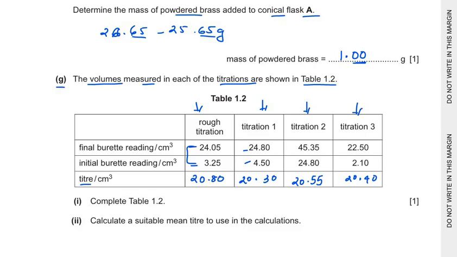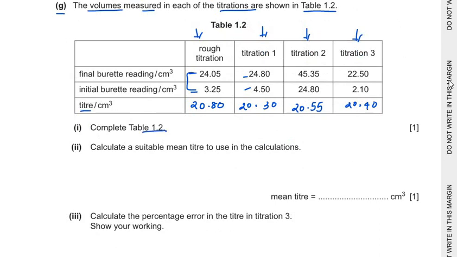So here we have completed table 1.2, and then calculate the suitable mean titer to use in the calculation. Now we need to understand that we need to use the concordant readings, that is the readings which are very close. We can see that from these readings, 20.30 and 20.40 are the two readings which are close, with a difference of only 0.10.